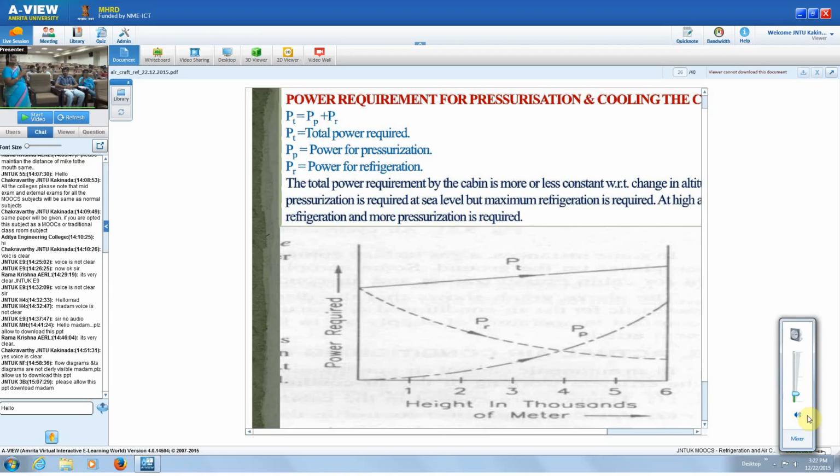So here almost the total power required is constant, but that depends upon the altitude. Whether the total power required is mainly depending on only pressurization or mainly depending on refrigeration: at atmospheric pressure on earth, the total power required is only for the refrigeration. With increase in altitude, the power required for pressurization also increases, but the power required for refrigeration decreases.